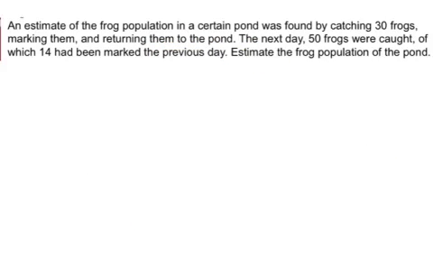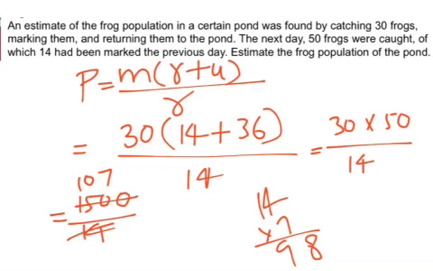Here one more problem. An estimate of the frog population in a certain pond was found by catching 30 frogs, marking them and returning them to the pond. The next day, 50 frogs were caught, of which 14 had been marked on the previous day. Estimate the frog population of the pond. Yes, here we do the problem.